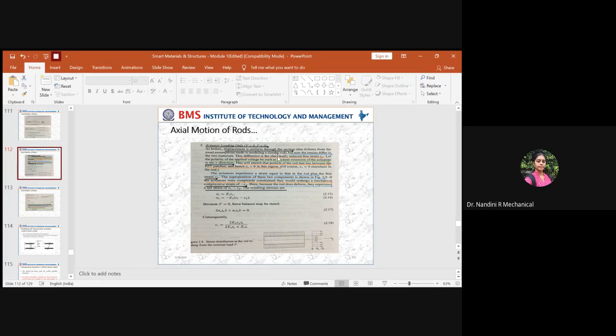So here, in the previous case, what we dealt with, the displacement is uniform across the section, but now we will be assuming that the strain will differ across both the materials. Here you have to understand that both the materials are nothing but one is our actuator and the other one is our structure.